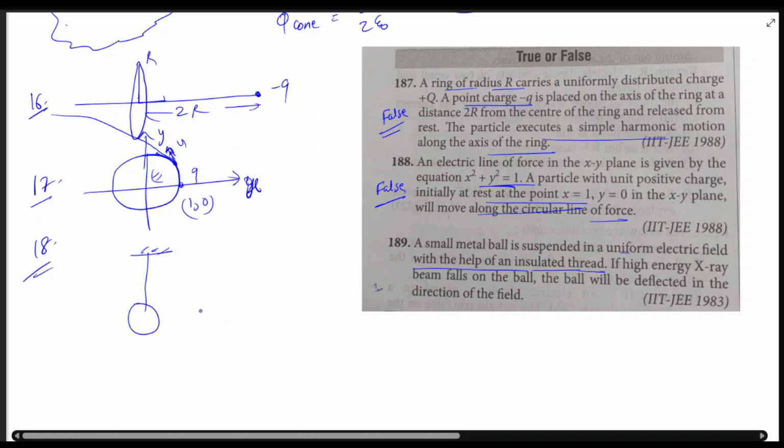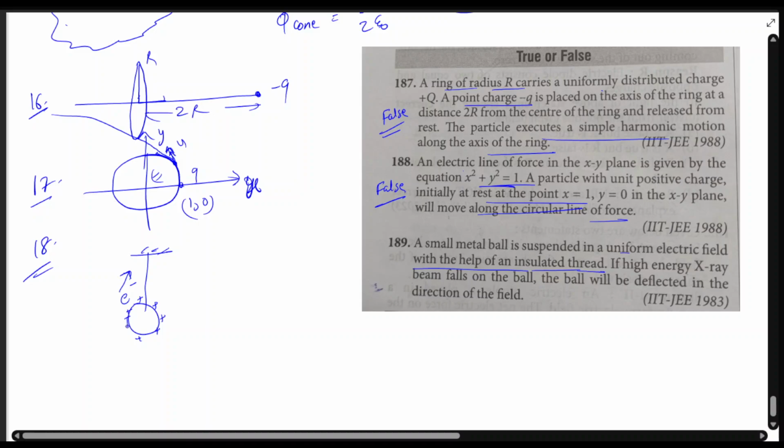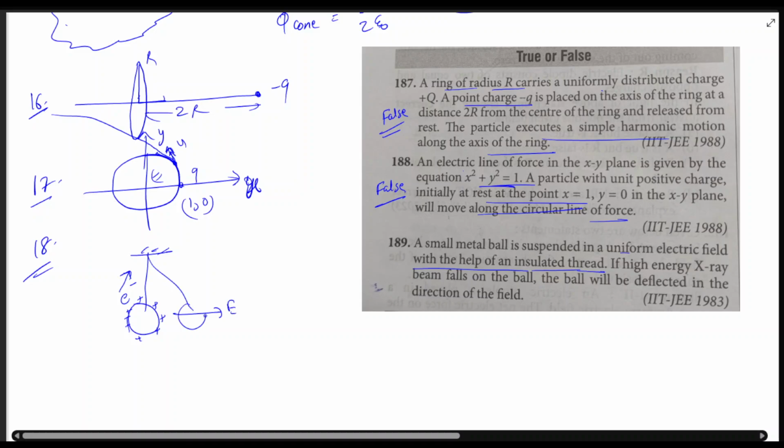So what will happen? Electrons will be ejected from it. Okay. So if electrons are ejected, the sphere will have positive charge. And if the electric field is in this direction, then the positive charge deflects in the direction of the electric field. So the ball will be deflected in the direction of the electric field. So this is true. Okay. So pretty easy questions we have discussed, nothing more.